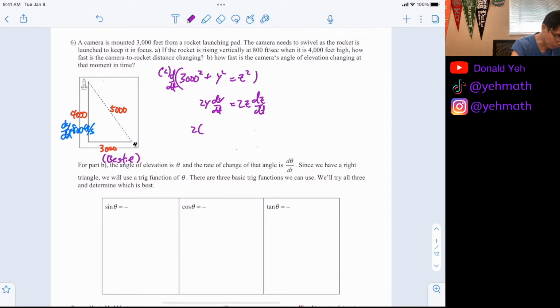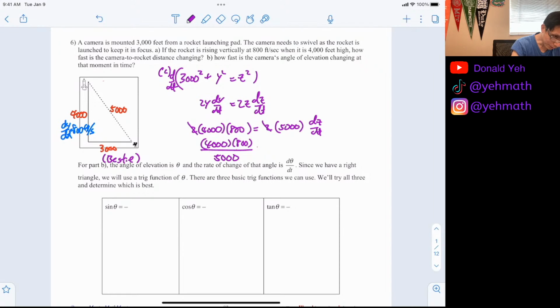So we're going to plug in. y is equal to 4,000, and dy/dt is 800, equal to 2 times z. z is what? 5,000, and the dz/dt. Then I'm going to divide it over, so the 2 cross out. It'll be 4,000 times 800 divided by 5,000.